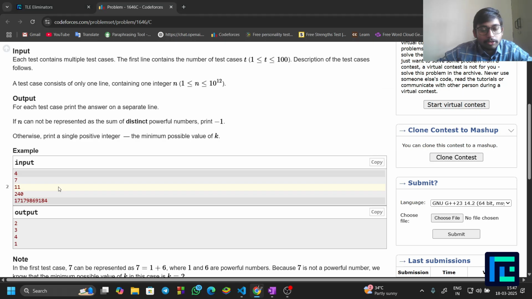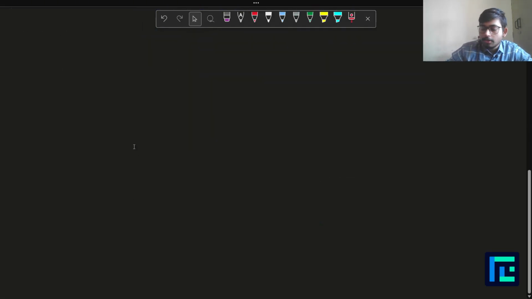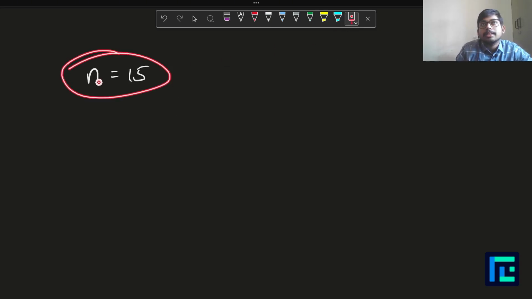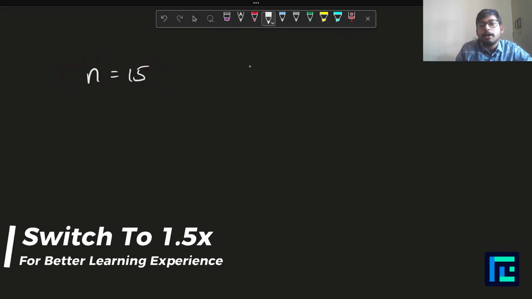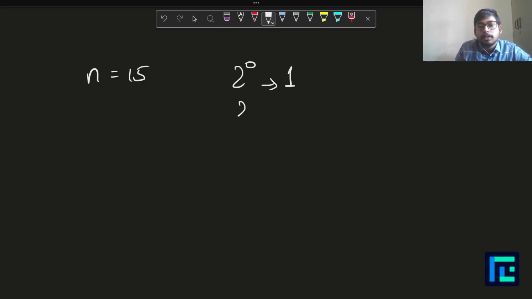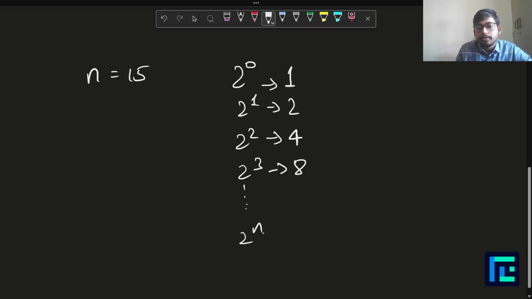That's the main thing. Basically, we are given some n. Let's say n is 15. We need to make this 15 using the least number of powerful numbers. Powerful numbers are all the powers of 2, like 2 to the power 0, 2 to the power 1, 2 to the power 2, 2 to the power 3, and so on, 2 to the power any x.